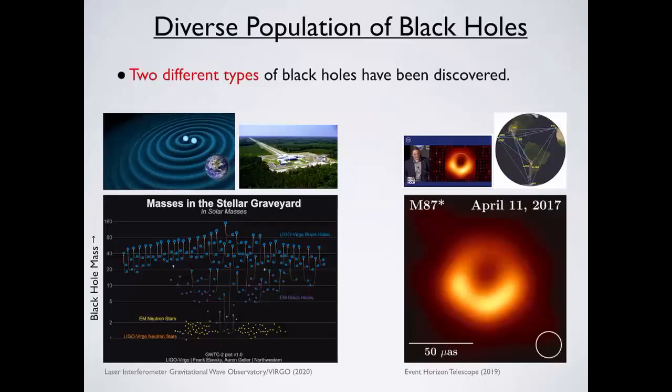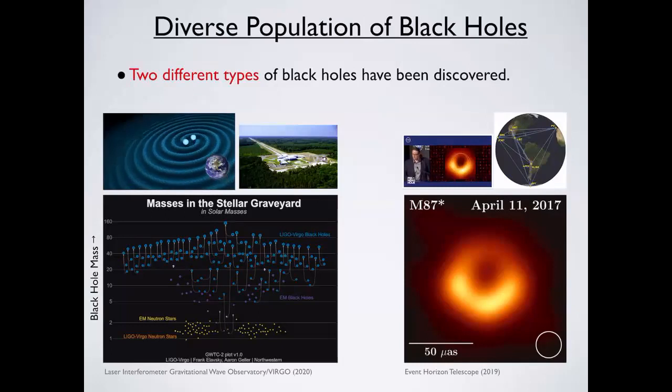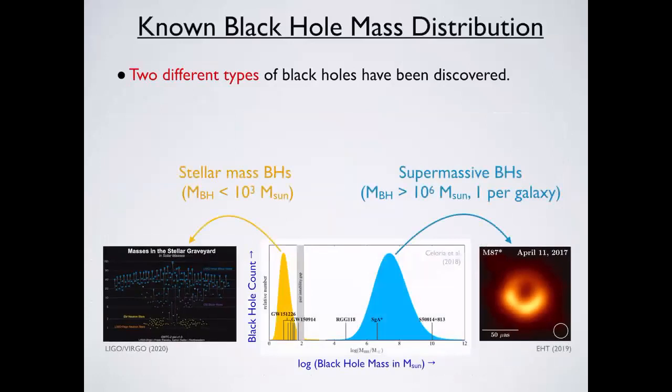There are two different populations of black holes. These are probably famous pictures that you already know well. If we were to draw the black hole population in this plot, the x-axis is the black hole mass in logarithmic scale, the y-axis is the black hole count, and you can see that there are two peaks, two known populations to humankind.